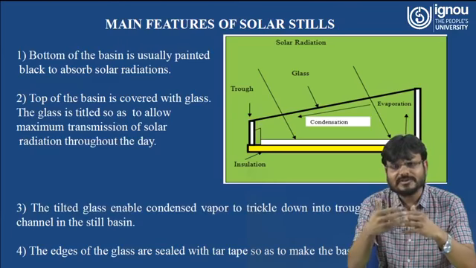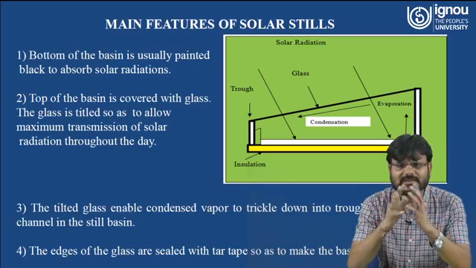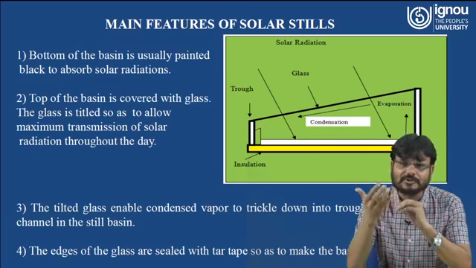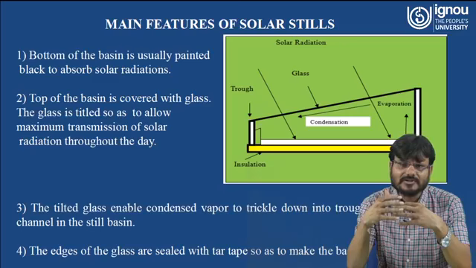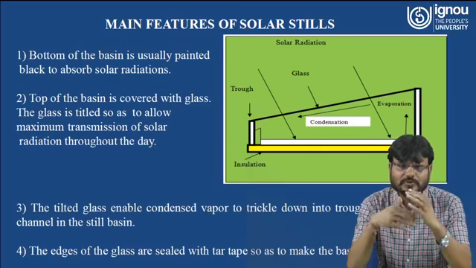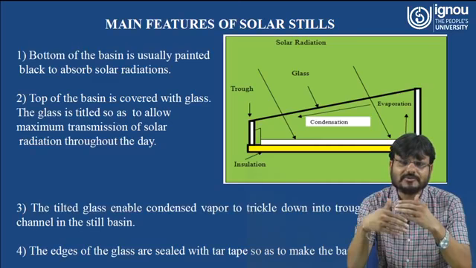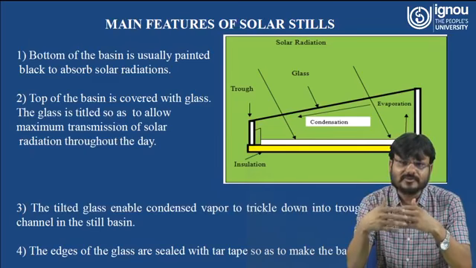Now you have to see how the efficiency of the solar still can be increased. So here you can see an interesting fact. One is the absorptivity. If you are able to increase the absorptivity of the base of the solar still, or you can reduce the temperature of the glass cover, that means to get more yield, or more distilled water, from this solar still, you have to increase the difference in temperature.